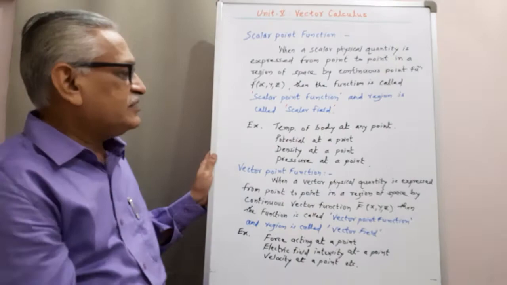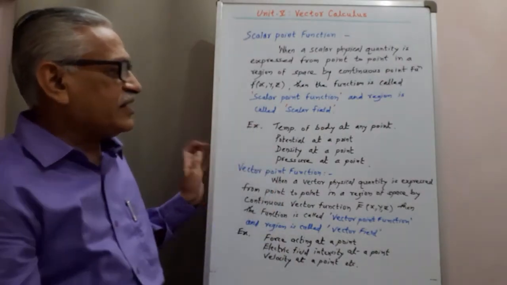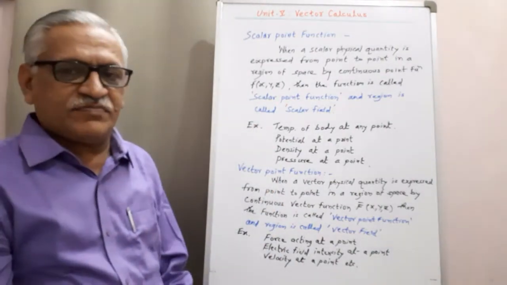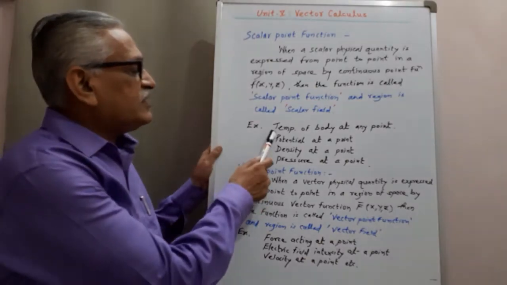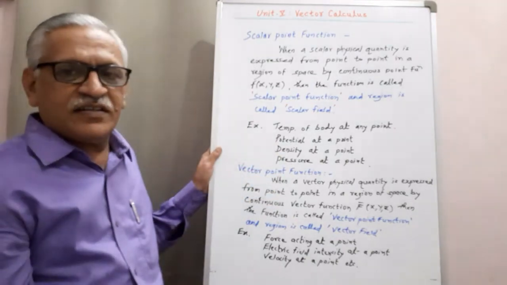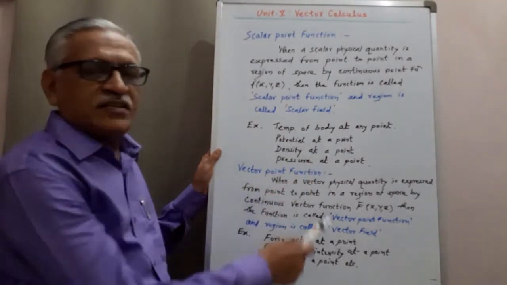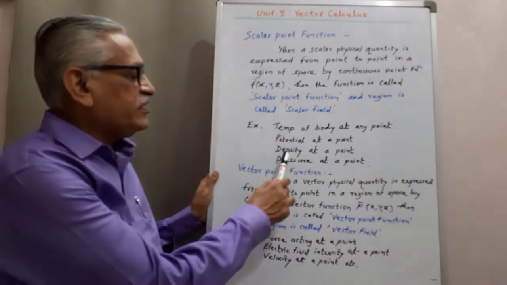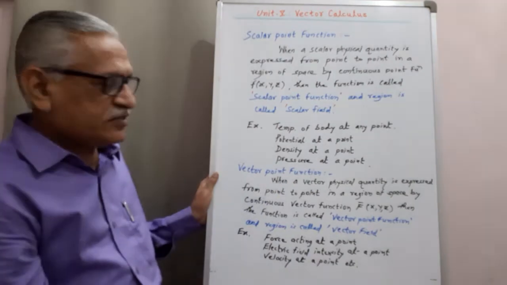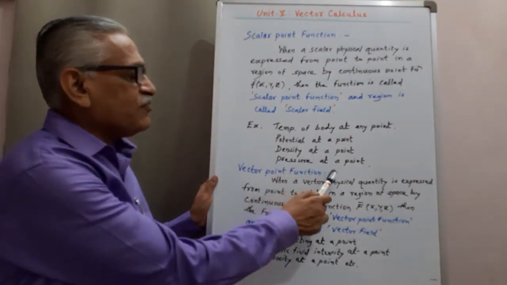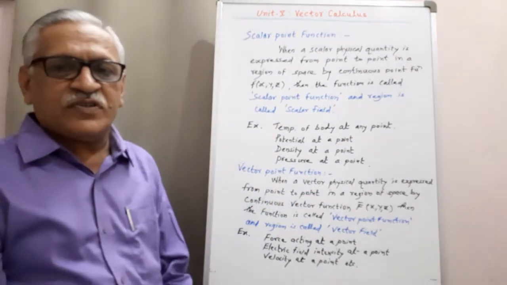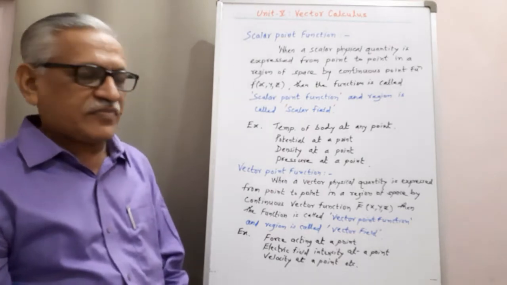And the region where it is defined is called a scalar field. For example, temperature of a body at a point, potential at a point, density at a point, pressure at a point. All these are examples of a scalar point function.